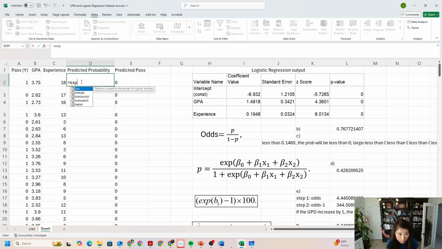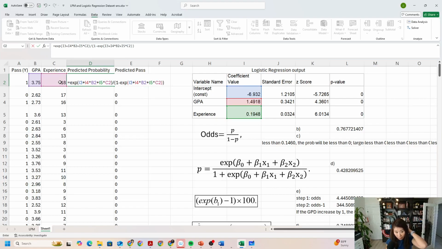So this is equal to EXP, as we already did in question D, parentheses beta 0 plus beta 1 times the GPA value, and then plus beta 2 times the years of experience value, close the parentheses, divided by, following the formula, parentheses 1 plus EXP parentheses intercept plus beta 1 times GPA plus beta 2 times experience, close parentheses, close parentheses. Like I said, we have 200 some observations.